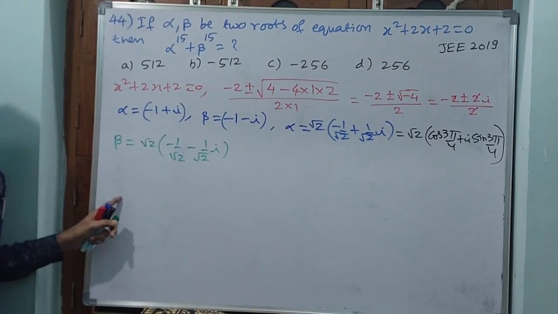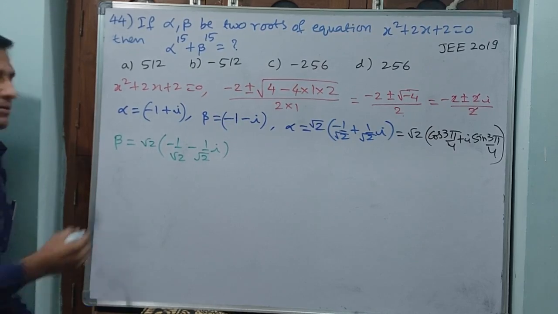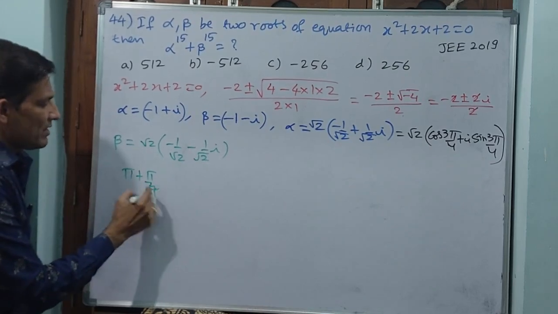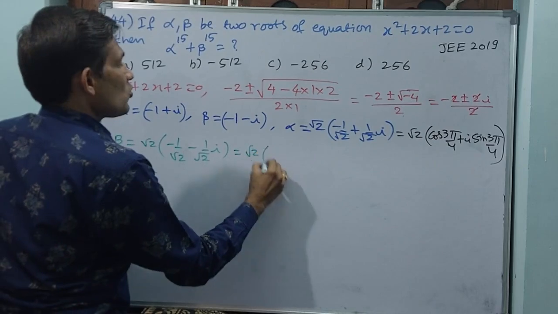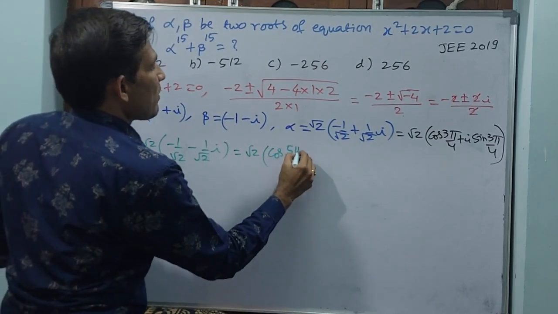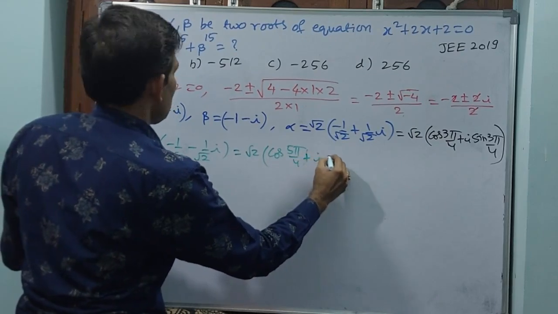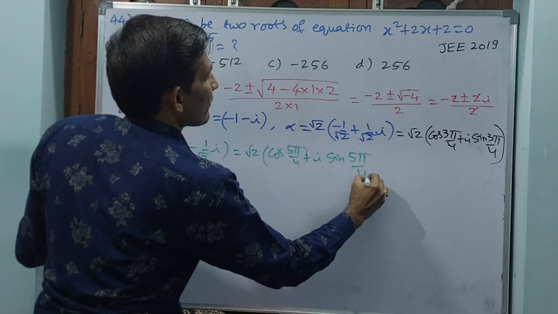Third quadrant means 180 plus 45, which is pi plus pi by 4, that is 5 pi by 4. You have to write root 2 cos 5 pi by 4, plus i sin 5 pi by 4. The angle you have to write with plus only.